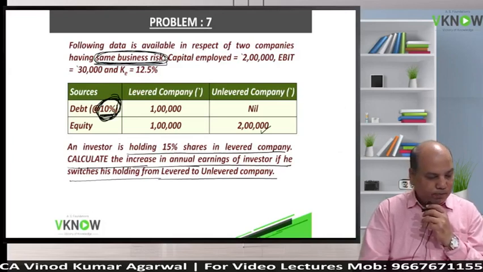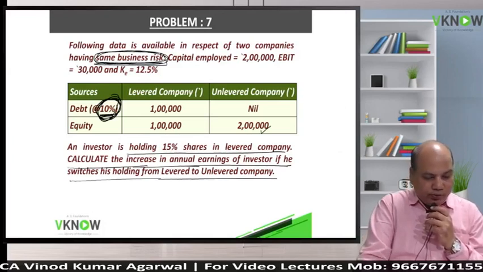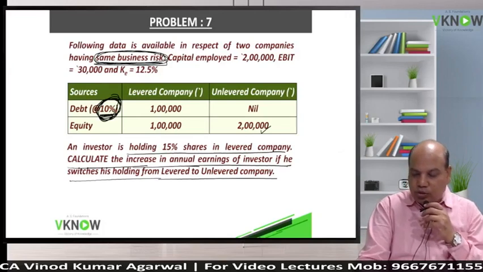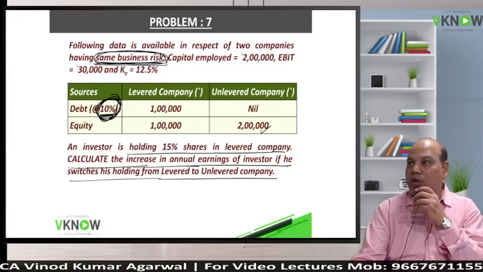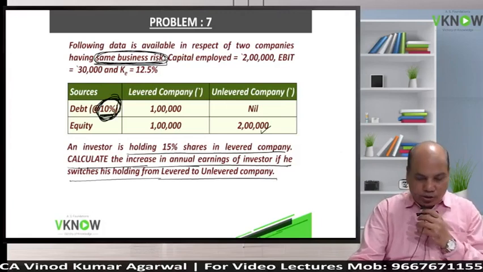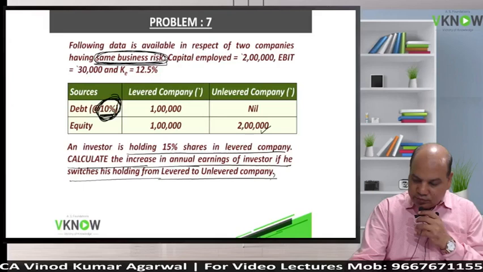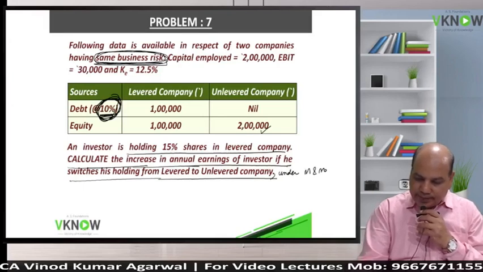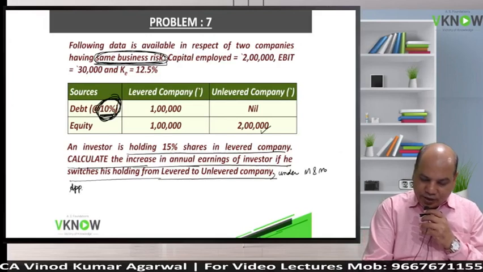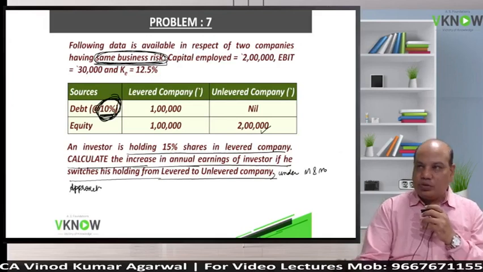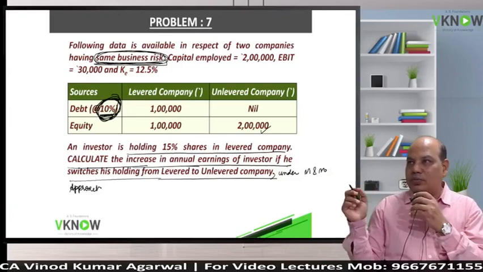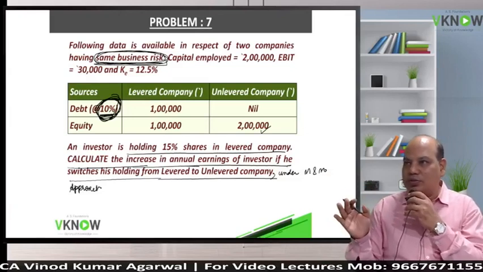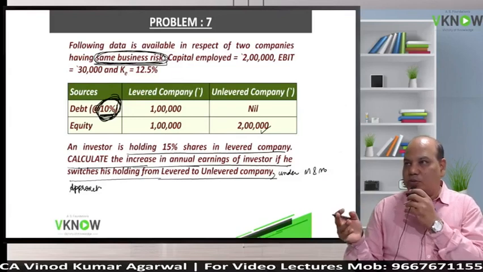Okay. So first we will find out the value of the firm. This is a question under which approach? Modigliani and Miller approach. The question is not complete; they should have mentioned here under M&M approach. As per M&M approach, if the two firms are similar in all aspects except their capital structure, their values must be the same.